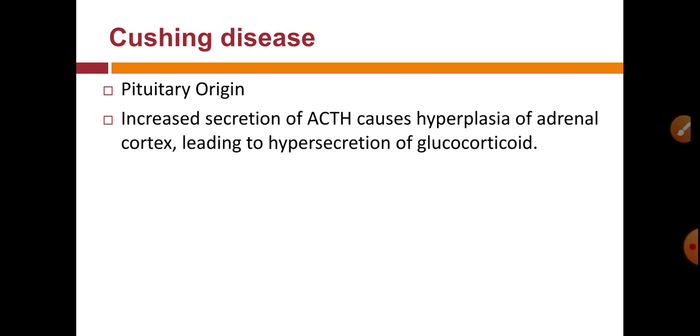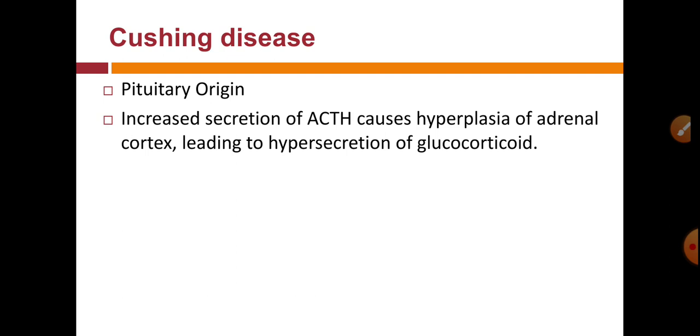Increased secretion of ACTH causes hyperplasia of adrenal cortex, leading to hypersecretion of glucocorticoids. This increased secretion of ACTH is due to a tumor of the anterior pituitary, because ACTH is secreted from the anterior pituitary, particularly from the corticotropic cells.